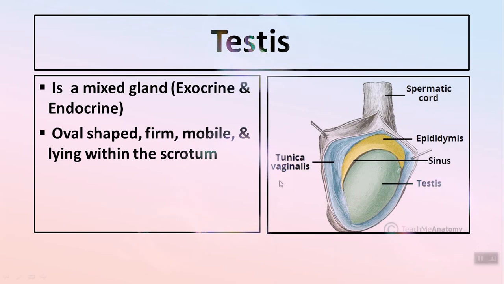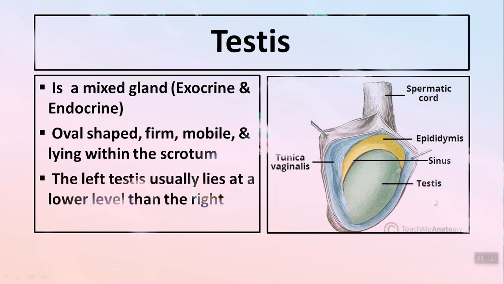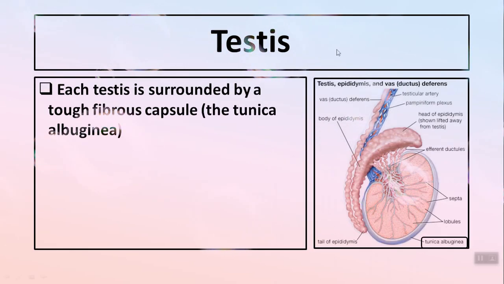It is oval in shape, firm, mobile, and lying within the scrotum. Usually the left testis lies at a lower level than the right one. Each testis is surrounded by a tough fibrous capsule called the tunica albuginea.